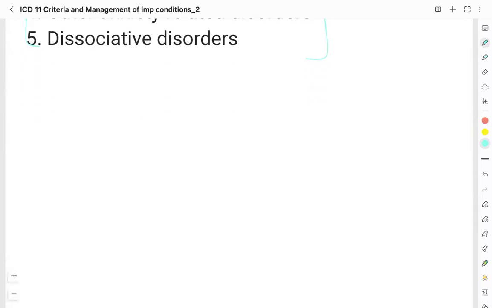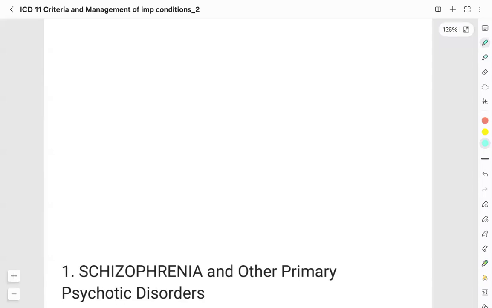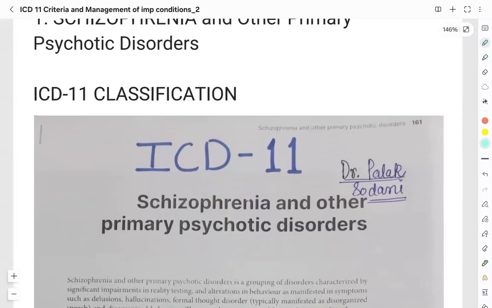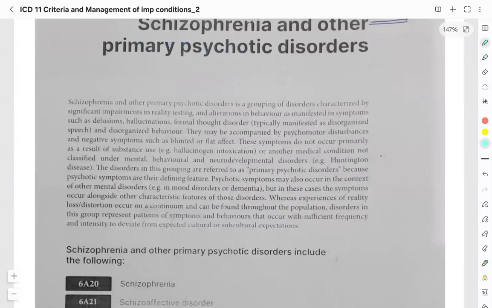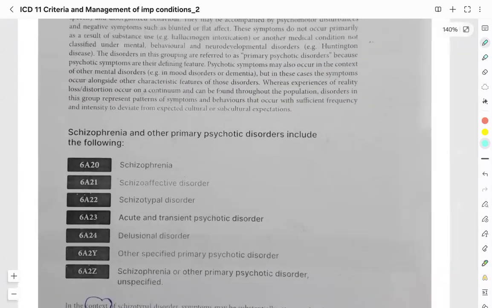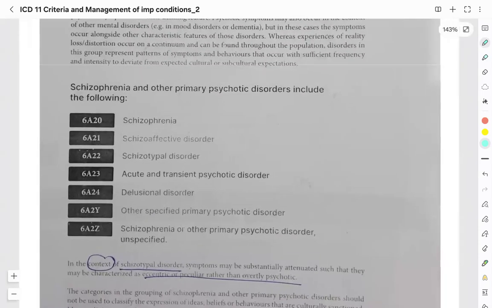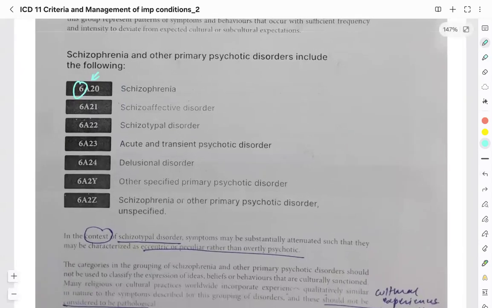All right. So let's start with schizophrenia and other primary psychotic disorders. In ICD-11, this is how they have mentioned it. This is the sixth chapter of ICD-11, and these are the codes for the various psychotic disorders that they have compiled.